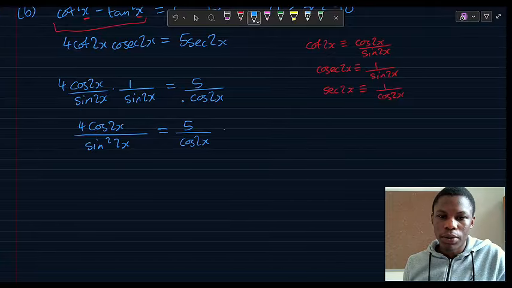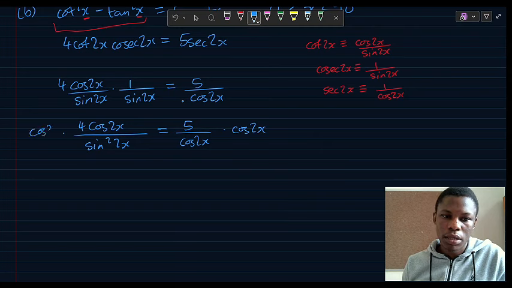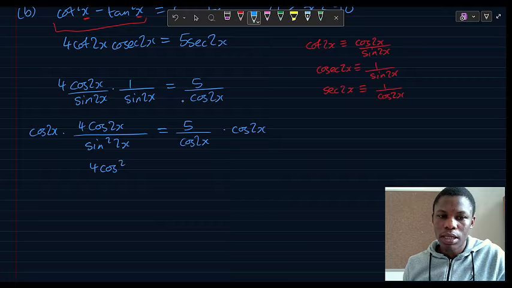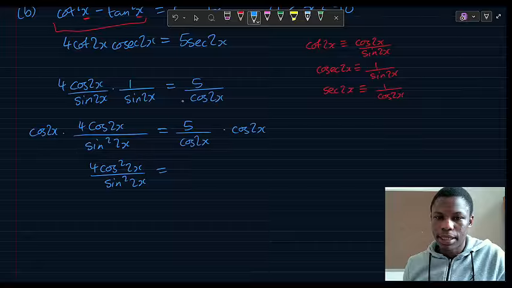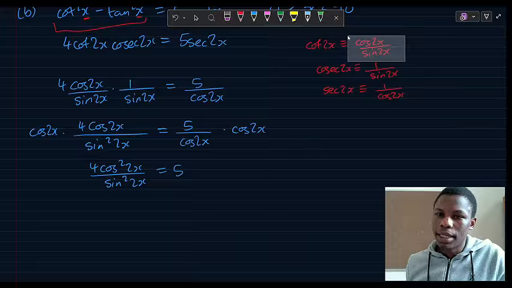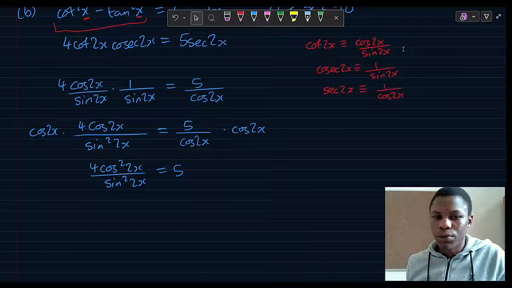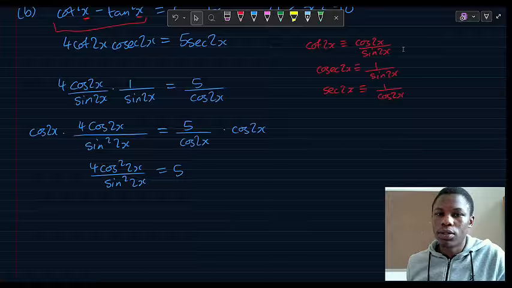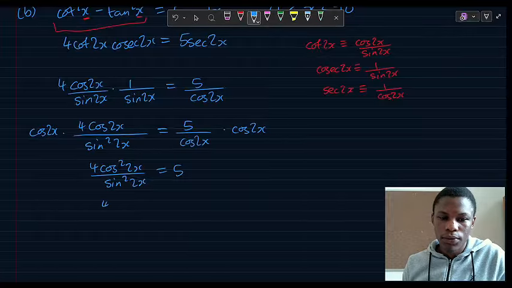If you multiply both sides by cos 2x, this becomes 4 cos squared 2x over sine squared 2x, and this is equal to 5. And we know that cos over sine is cot, so on the left we have 4 cot squared 2x, and that's equal to 5.